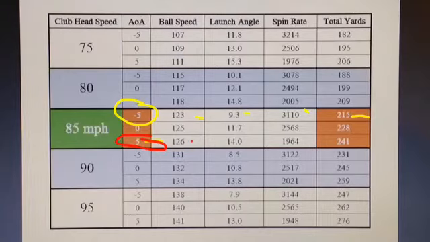The closer you get the loft of the club to the angle of attack, your spin loft becomes more optimum and your ball speed will go up. Also, please note the launch angle: you get to hit it higher because you're hitting up on it, and with optimum spin, you hit it close to 30 yards further.